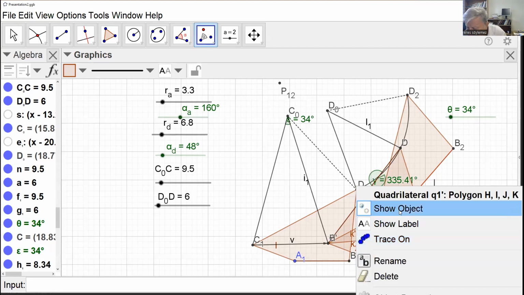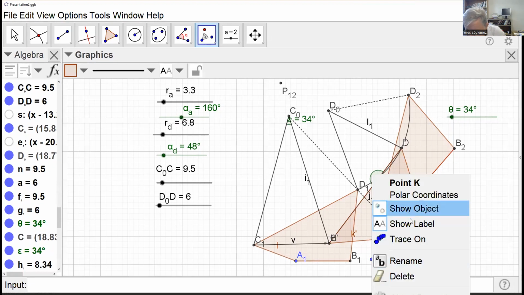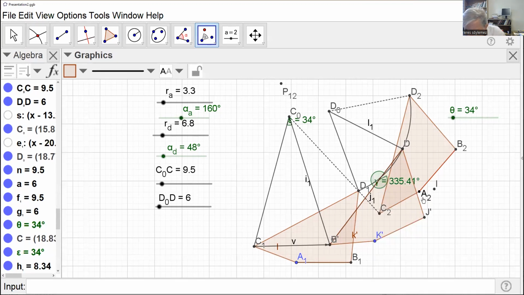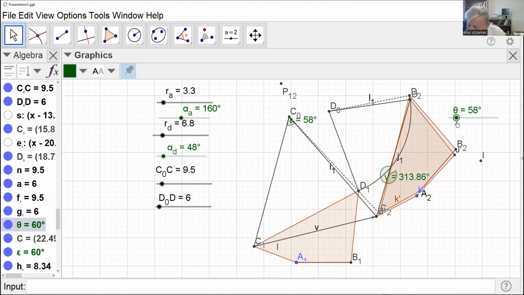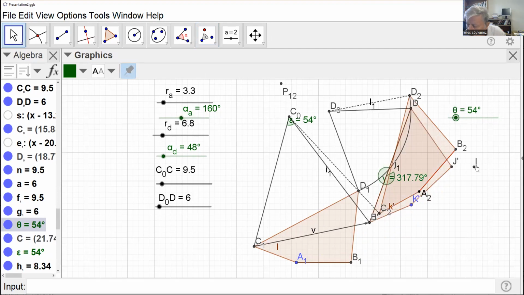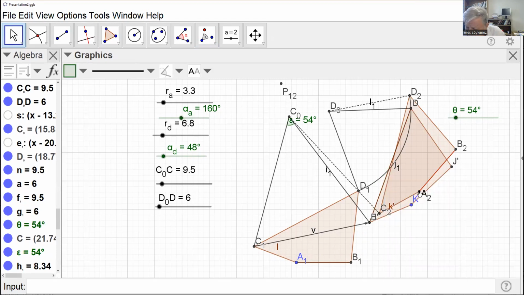Next, I will hide this intermediate position. Hide it. Hide that angle. I don't need it. I can rename these, but I don't think I should spend too much time.